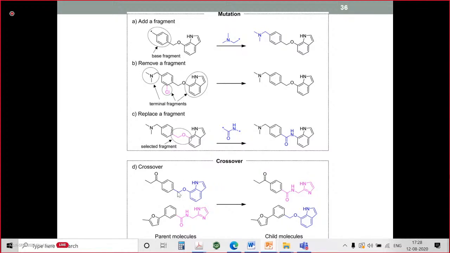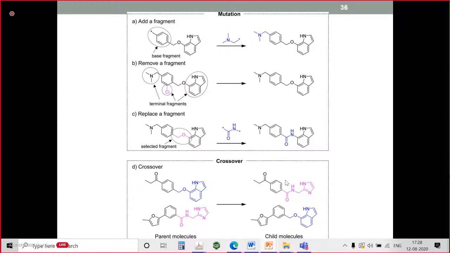Now, another approach is the crossover. In crossover, suppose you have two molecules and two fragments, and a specific fragment is replaced with another. Crossover means you will be replacing one fragment of one molecule with another.